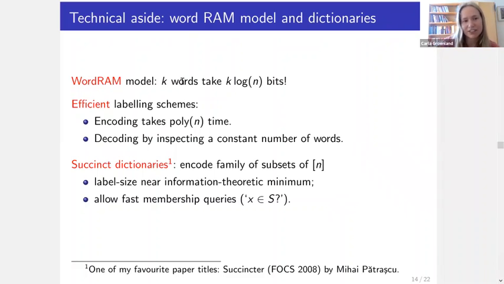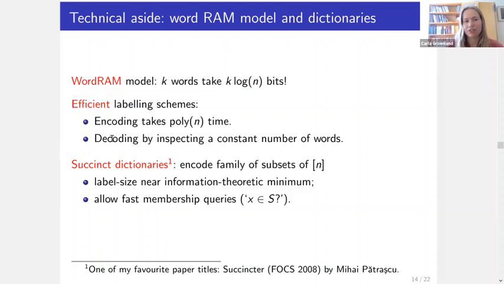What we were actually originally interested in is getting efficient labeling schemes, for which the encoding takes polynomial time, and we can look at just a constant number of words in order to see whether two vertices are adjacent. This makes a lot of sense if you would actually want to apply this: it is very nice if you only have to look at a very small number of bits in your label in order to decode the information you're trying to get.